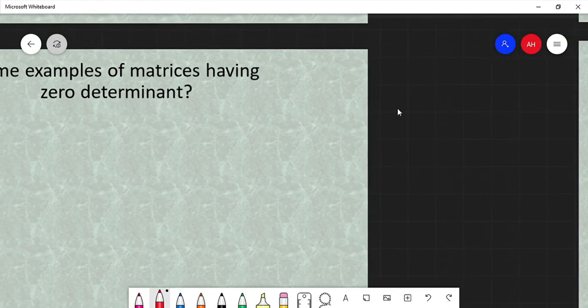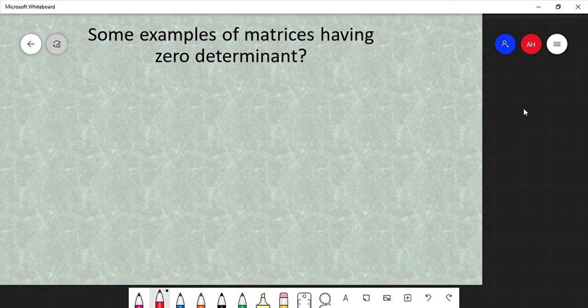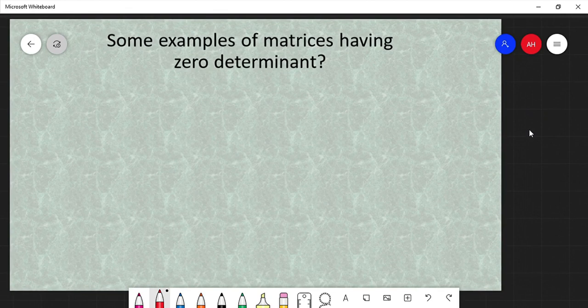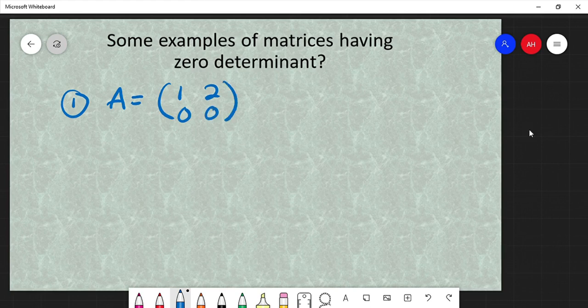Maybe we can give some examples according to those three conditions that will make the determinant equal to 0. Number one, for the case when we have a 0 row, we can write matrix A having a 0 row. For example, we have 1, 2 there, and the second row, all elements are 0.